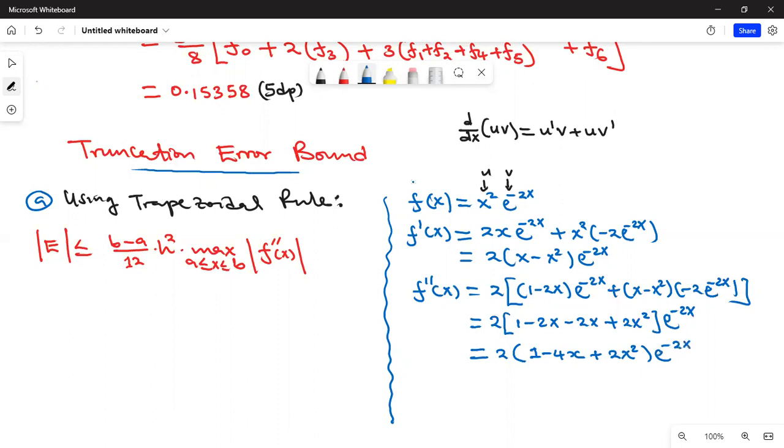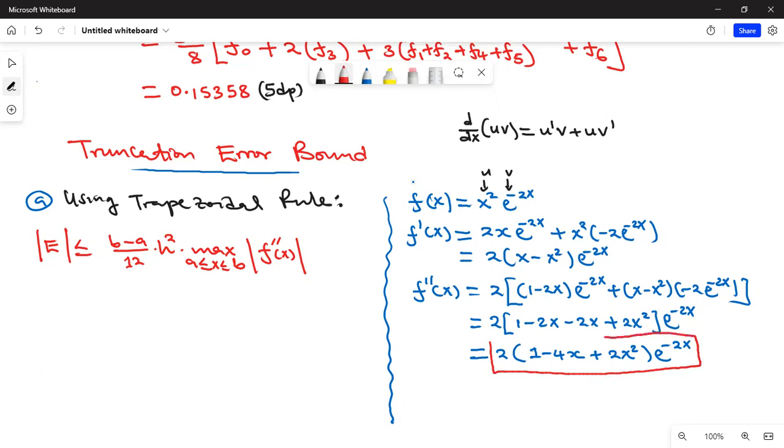So that's our second derivative. Now let's see between a and b. This is just like maximizing a function between some interval, finding the absolute maximum of a given function. That's what it means. So our focus is on this second derivative. Let me bracket it.